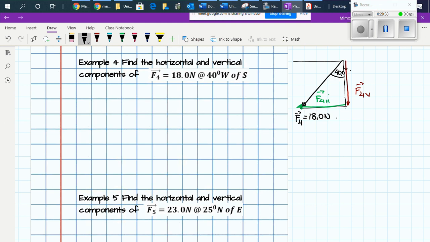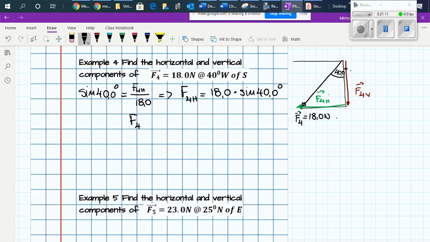Now, the horizontal component is sine. It's not always sine. You have to look at the triangle and see what it is. Okay, so sine 40 is equal to the horizontal component over 18. From here, the horizontal component will be 18 times sine 40.